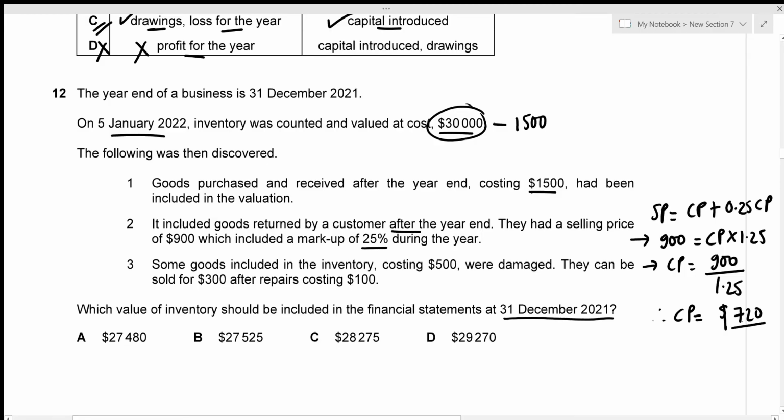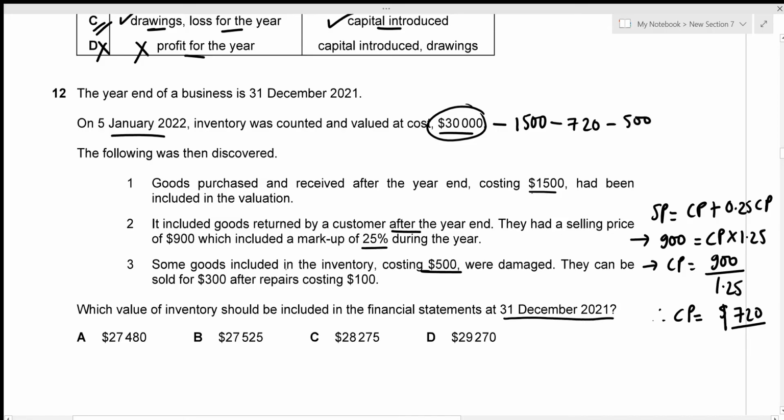So this should not be included, meaning this value should also be deducted. So that's minus 720. All right, the last one is that some goods included in the inventory costing 500 were damaged. So damaged goods should always be reduced. So I'm going to reduce the 500.